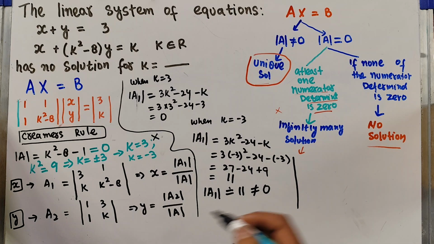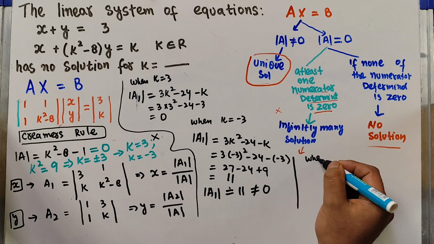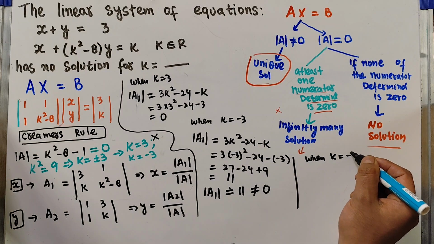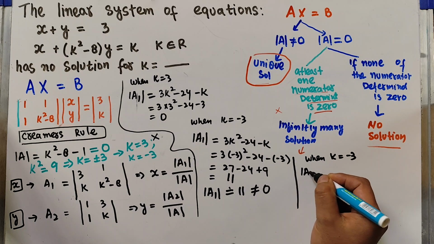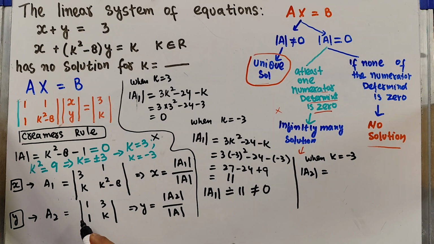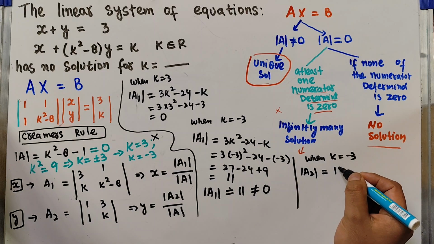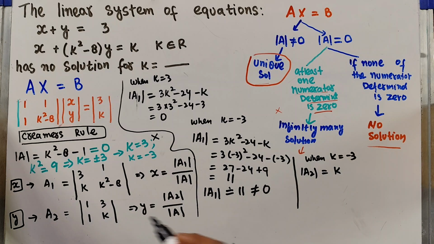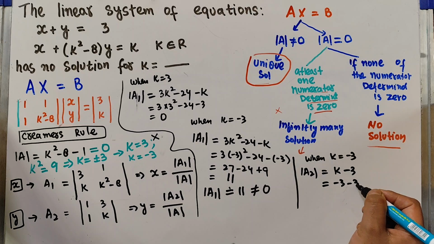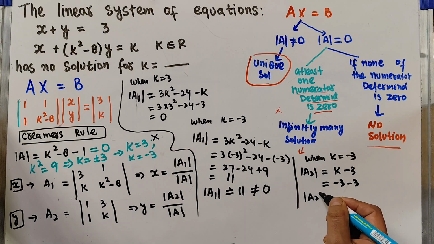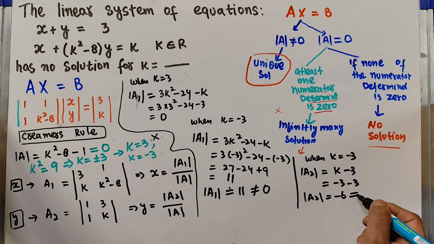So what will be a2? When k is equal to minus 3, let's take the determinant of a2. Multiplying these two elements first, we get k, then we subtract and multiply these two elements, minus 3. So we get minus 3 and minus 3. So a2 is equal to minus 6, which is also not equal to 0. So both conditions are satisfied when k is equal to minus 3.